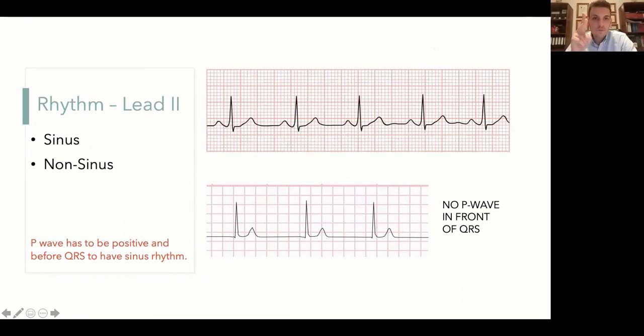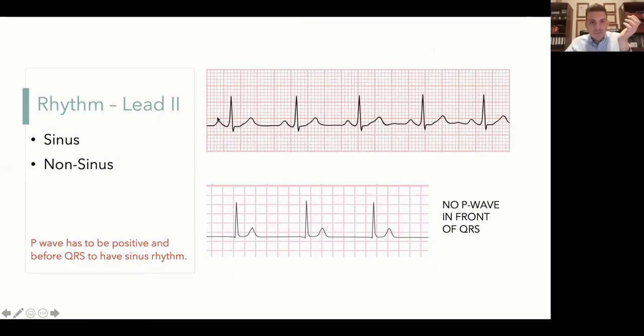Part 2 out of the 5 steps was the rhythm. The rhythm, especially for younger students, will be separated into sinus and non-sinus. Sinus will mean that it starts from the SA node and everything functions as it should, while non-sinus, as we said before, means that there is firing from somewhere else. The requirement for sinus rhythm is actually pretty simple, and it's one of the 10 ECG steps. What is it?